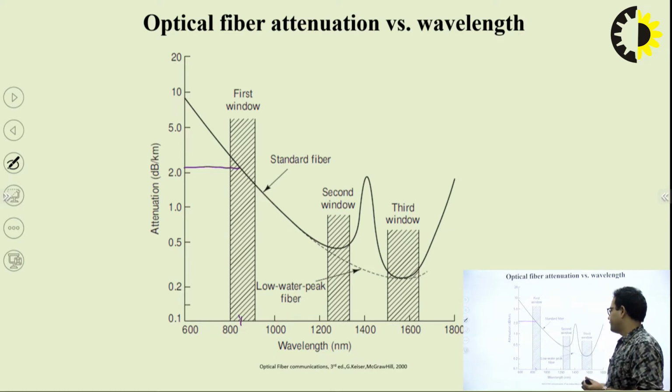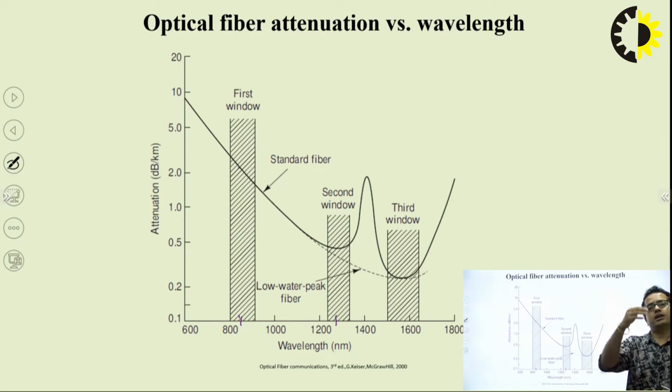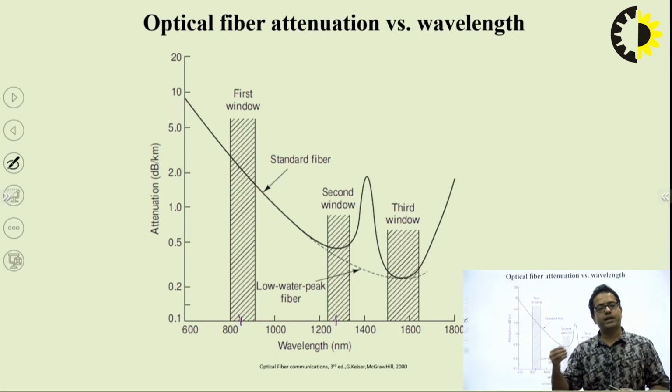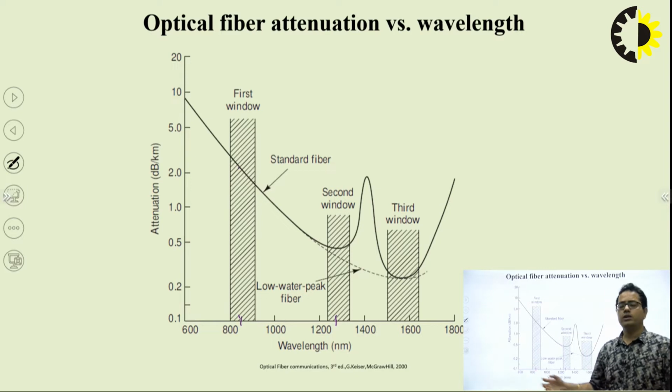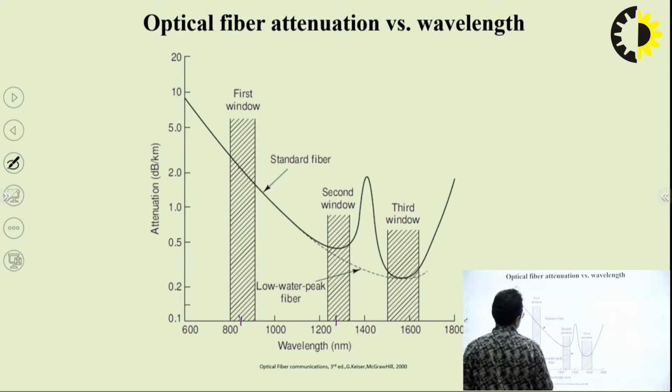After that, if we switch to the second window, that is 1300 nanometer, the attenuation gets reduced to around 0.4 dB per kilometer.